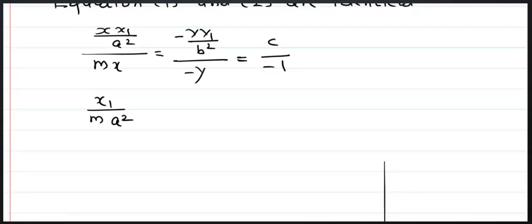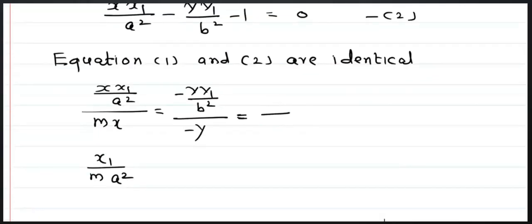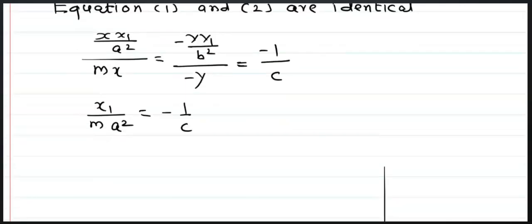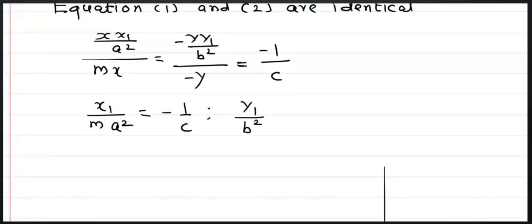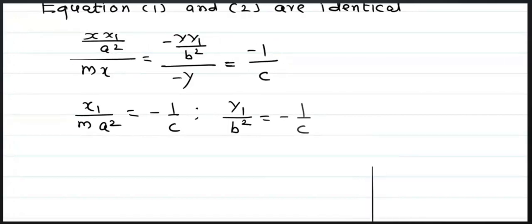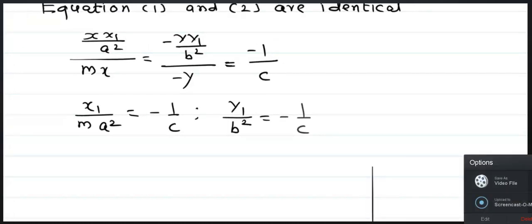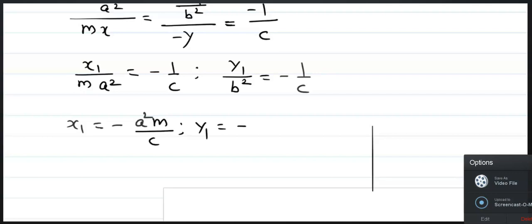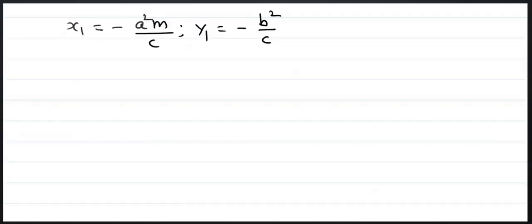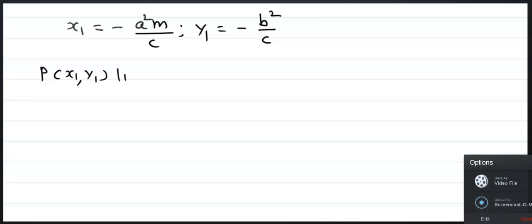Therefore, x1 upon m a square is equal to minus 1 upon c, and y1 upon b square is equal to minus 1 upon c. Therefore the value of x1 is a square m upon c, and the value of y1 is minus b square upon c. This is the point of contact of the given tangent to the hyperbola.